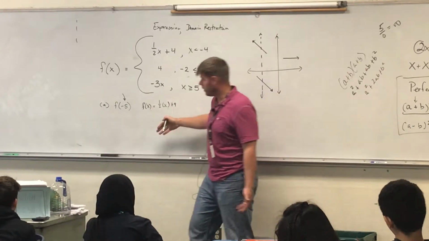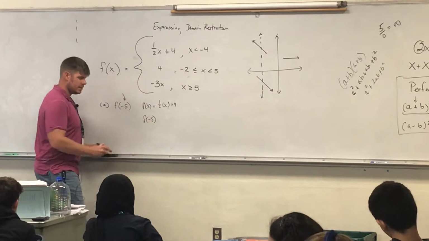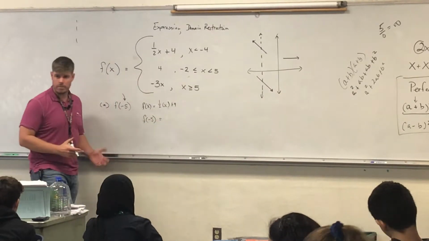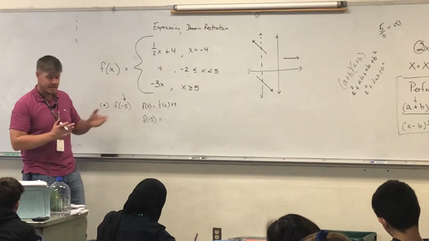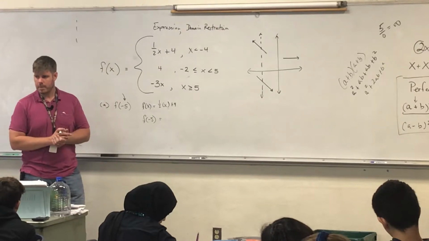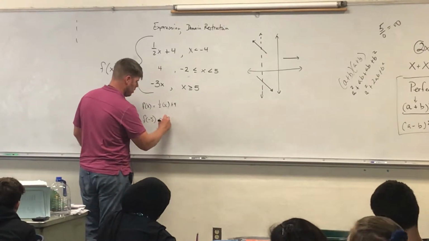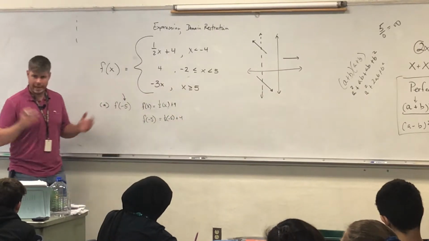All right? So then I just go ahead and plug it in. So I say f of -5 is equivalent to, and if you don't want to do all the baby steps, you don't have to. I'm not worried about that, because if you can look at this very quickly and say that this answer is going to be 1.5, then we're good to go. If you can't and you need to do 1/2 times -5 plus 4, then so be it.